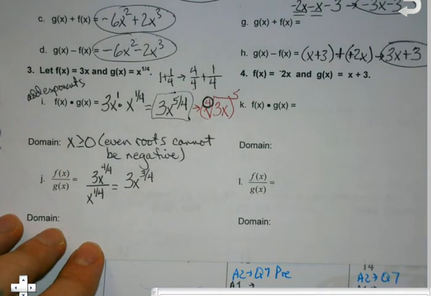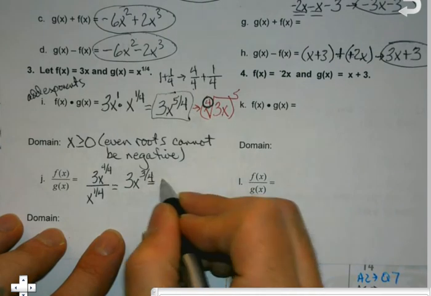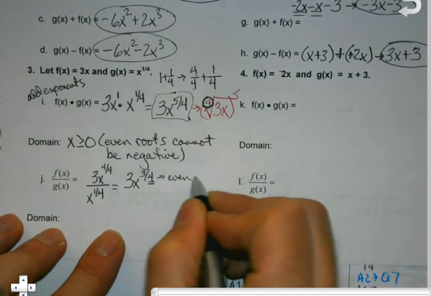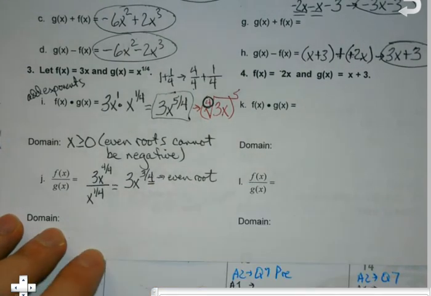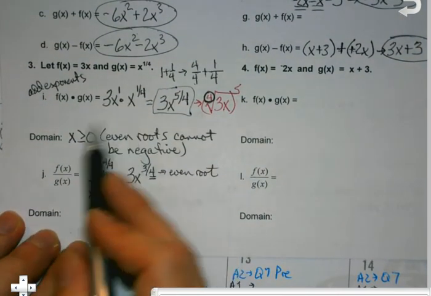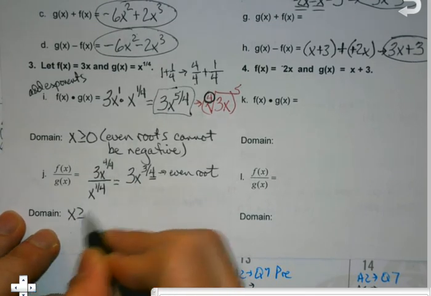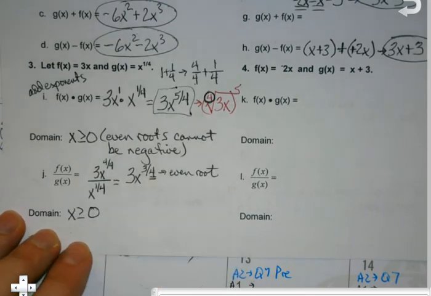And again, I look at this and go, uh-oh. It's an even root again. So what's my domain going to be? x has to be greater than or equal to 0.